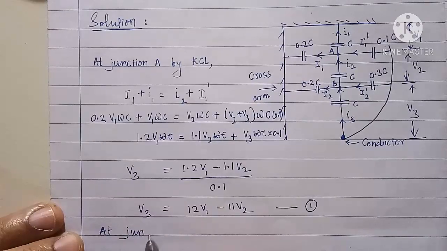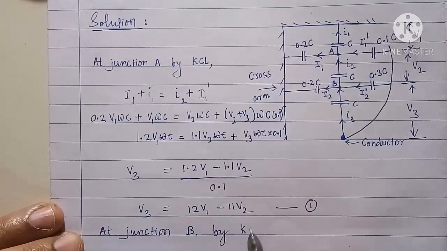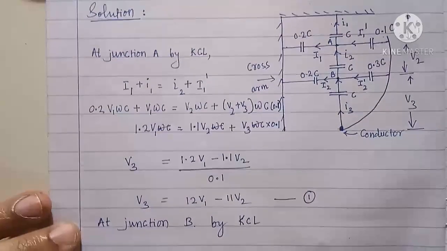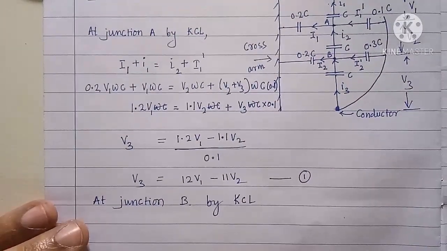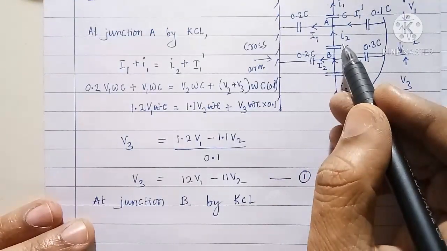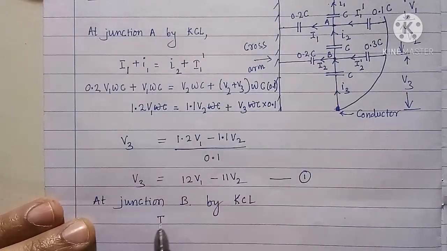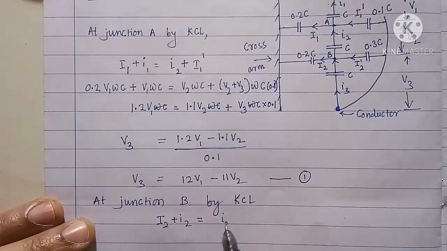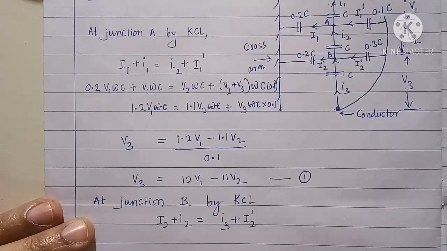Now we will apply KCL to junction B. At junction B, by KCL we can write capital I2 plus small I2 equal to I3 plus capital I2 dash.